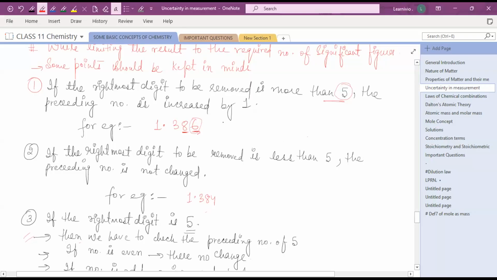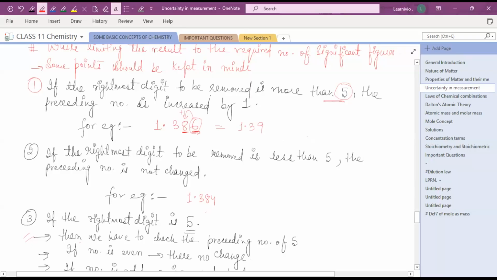In that case, the preceding number is increased by 1, right? So we have to just add plus 1 in the preceding number of 6. So what will be the answer? It will be 1.39. Okay.